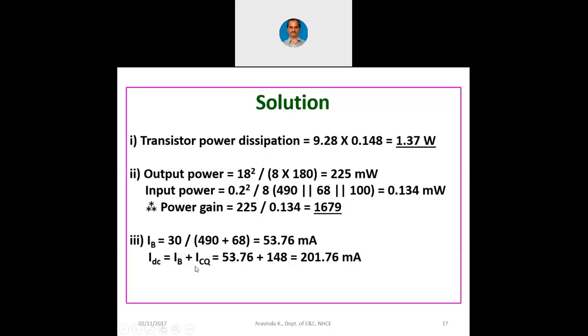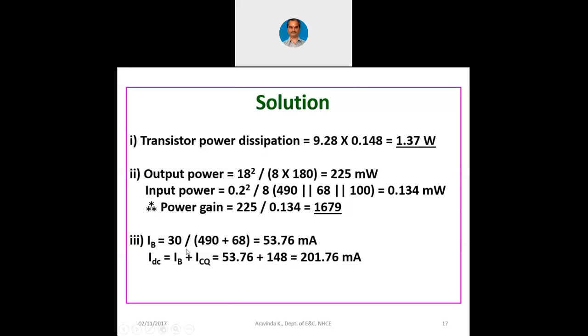Earlier I mentioned that ICQ is sufficient for a rough estimate of the DC power. But we have to be more accurate here, because even with those resistors, there is current flowing. Even though I call it IB, actually it is the current going through R1 and R2, that is 490 and 68, connected across 30 volts.